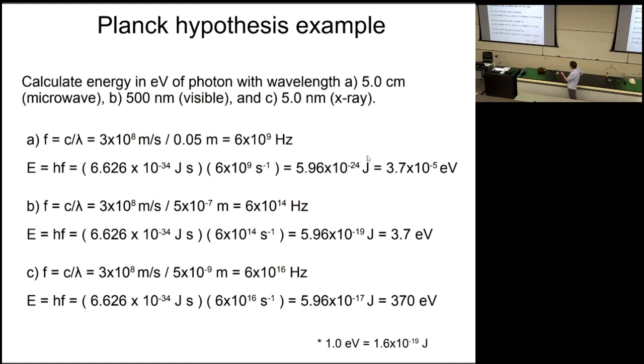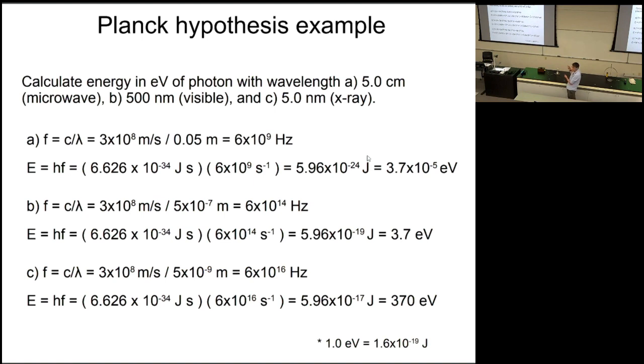If I calculate the frequency for the microwaves, it's this number here. This is 6 billion hertz. So it's a lot of oscillations per second, but actually not such a lot if you're a photon. This is 6 billion oscillations per second. For the visible light, we did the same calculation, again dividing the speed by the wavelength. This is 6 times 10 to the 14 hertz.